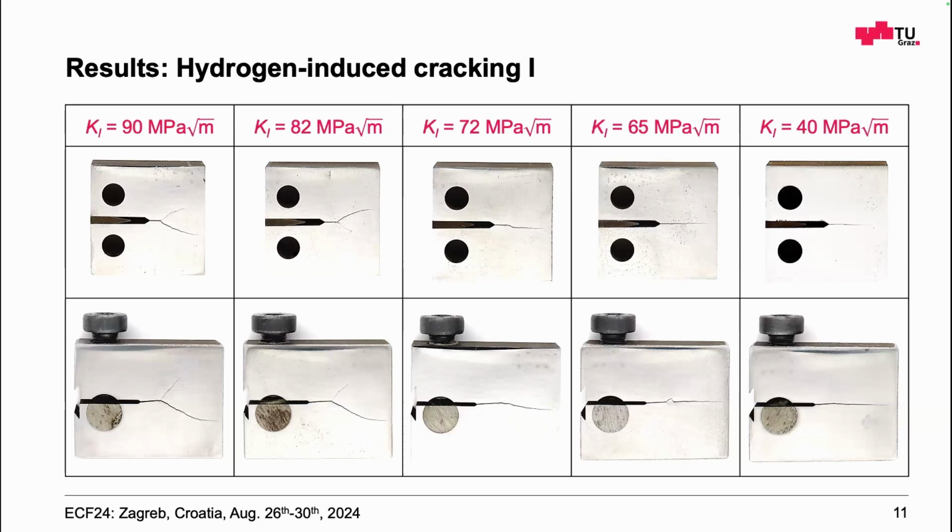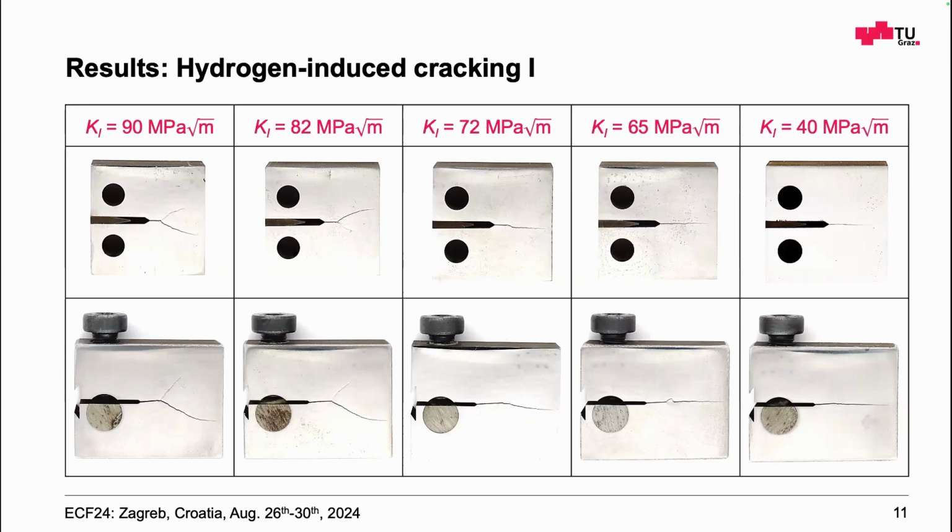Why does this happen? We think this is because of the typical butterfly shape of the stress zone. Here at the crack tip, you typically form this butterfly-shaped stress zone. This means in the direction of 45 degrees, you have the highest plastic deformation. And as you know, where plastic deformation is, there the hydrogen goes in, and the hydrogen is accumulated.